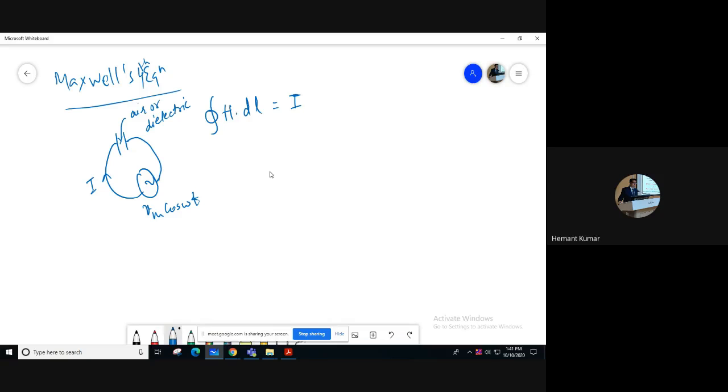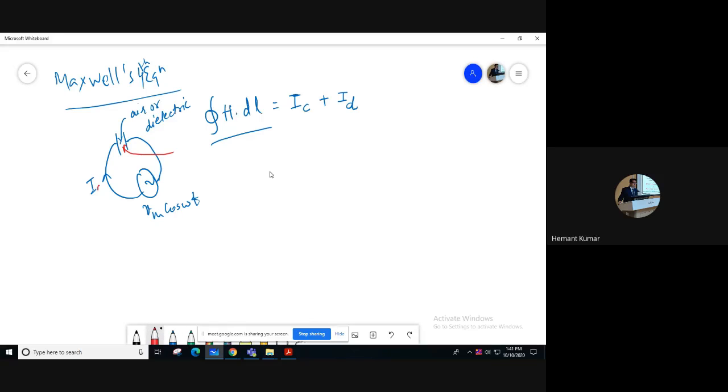So Maxwell said that a modification is required, and he said that there is another current that is known as displacement current. He said that the closed line integral of magnetic field intensity is not only equal to I, that is the conductional current, but there is another current known as displacement current, and this displacement current will flow in this dielectric.